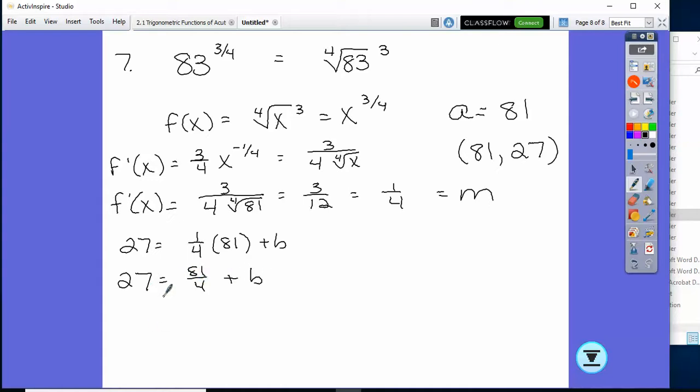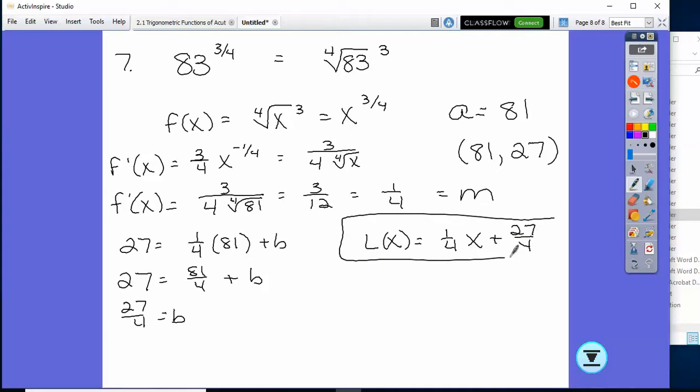If I subtract this over, like 27 over 4, is that right? So the linearization is 1/4 x plus 27 over 4. If all I asked for is the linearization, that equation is your answer.